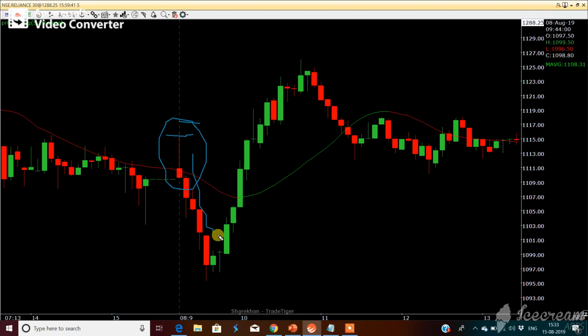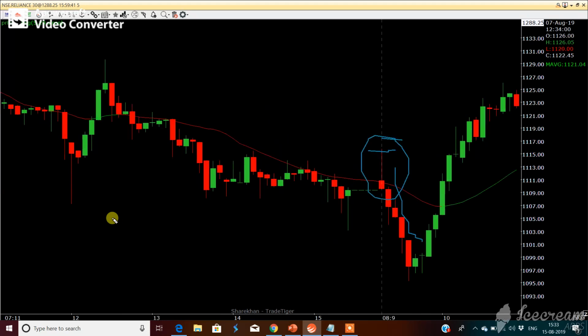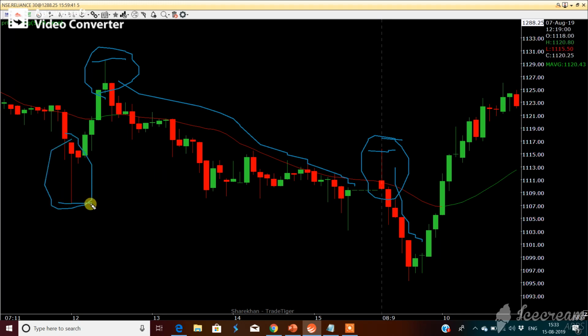Look at the move which you are able to capture. Oh, this is a lovely sign. This is the best which we can find. And look at the kind of returns it has given. Even this pattern. See this? Stop loss here. This move.